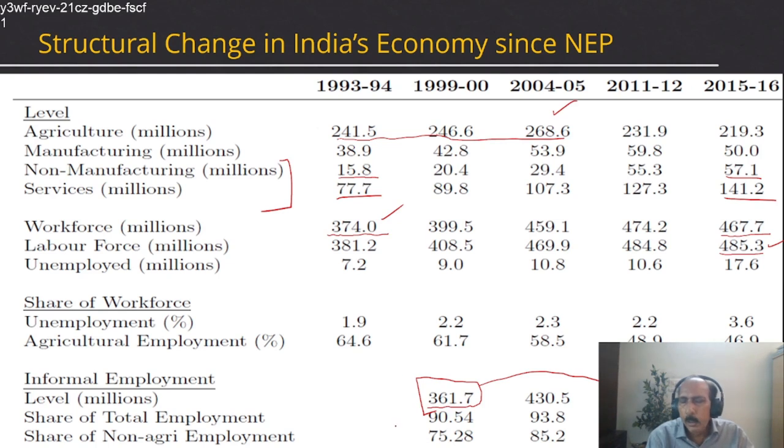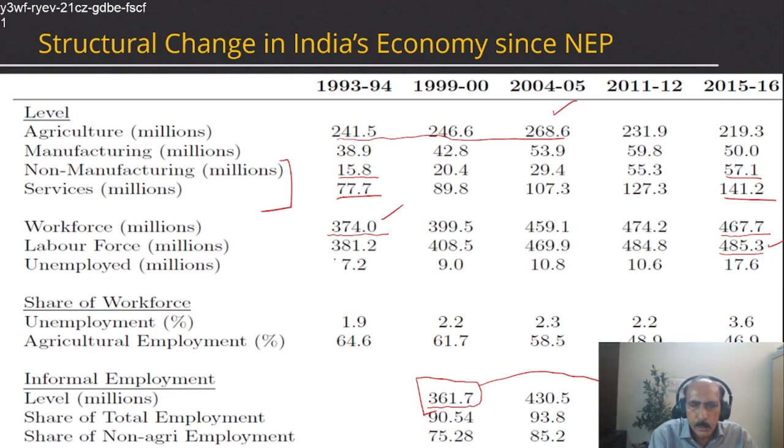And the share of the informal employment in the total employment has increased from 19% in 1999-2000 to around 92.6% in 11-12, which basically proves the fact which I mentioned earlier, that the workforce released by the agriculture is largely absorbed in the informal sectors. Informal means informal non-manufacturing and informal services sector.